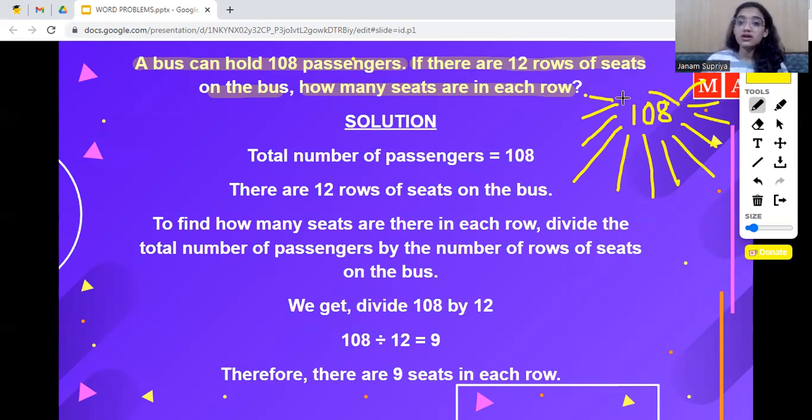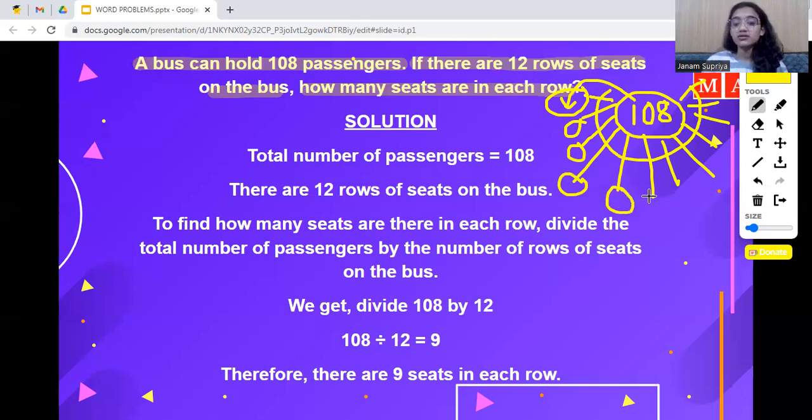So these 108 passengers have to be divided into these 12 rows, but we don't know how many people will be able to sit in one row. We know the number of parts it's getting divided into, right? But we don't know what amount is given to each part, how many passengers are there in each row.